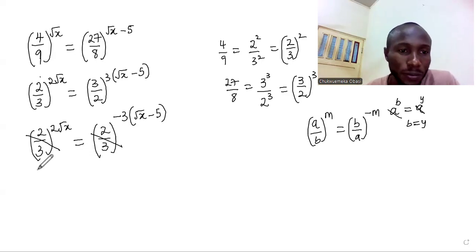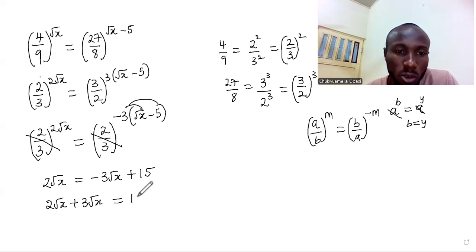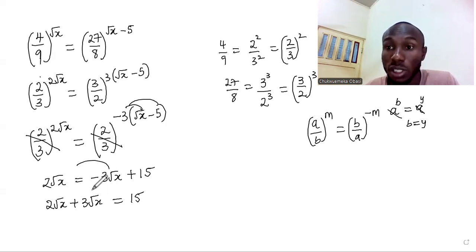So now we have 2 root x is equal to, we can go ahead and distribute the minus, so that becomes minus 3 root x, and that becomes plus 15. So you take like terms: 2 root x plus 3 root x is equal to 15. When this one comes to this side, it becomes positive.